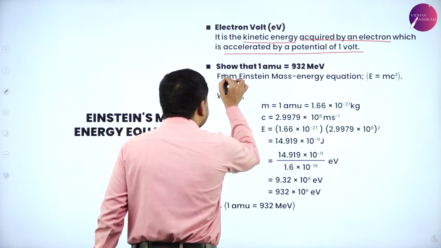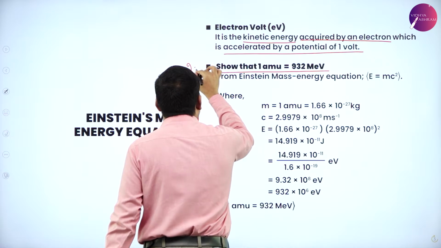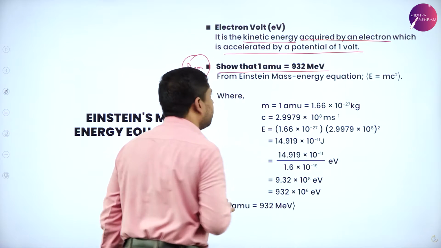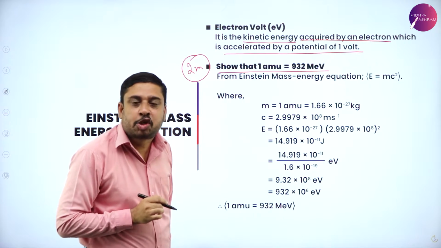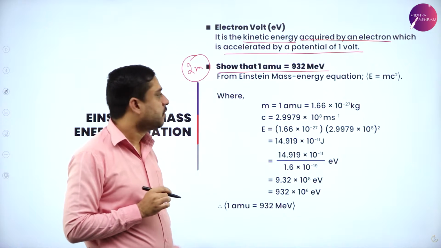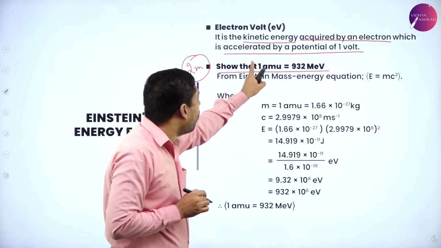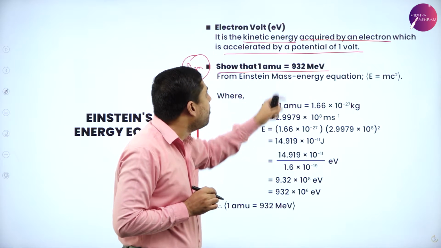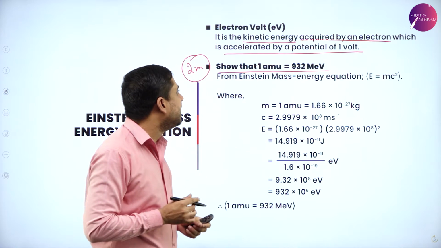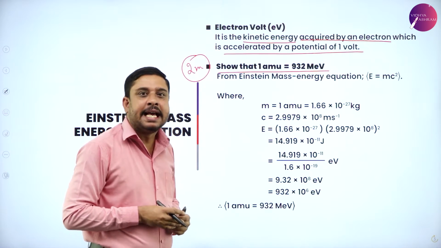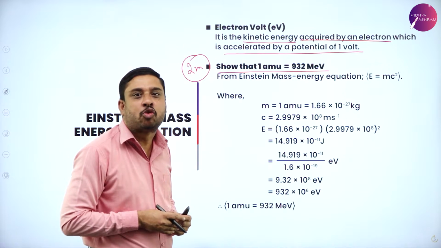Now, this is very important. A very important 2-mark question. A mathematical calculation here where I have to show one atomic mass unit is nearly 932 million electron volts.